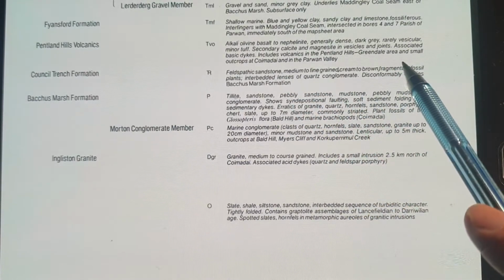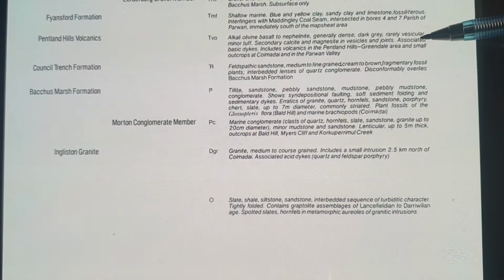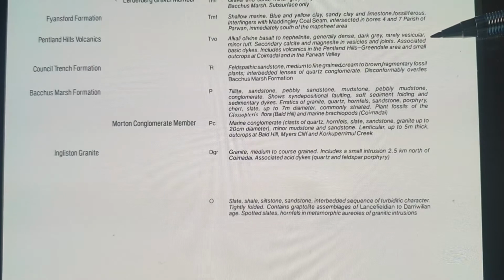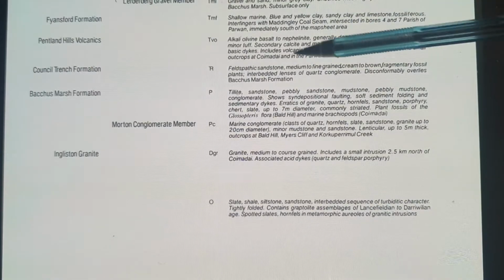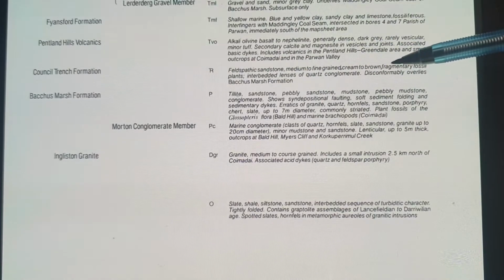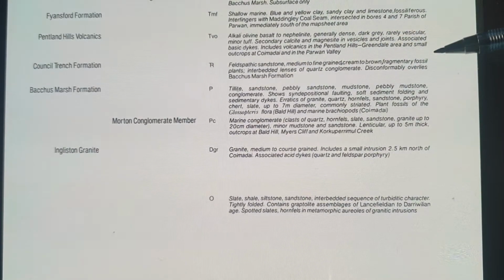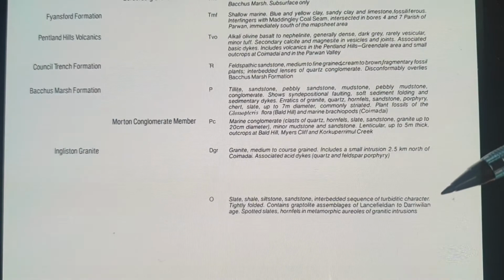Then if you want to find other types of formations of geological information, you've got the Triassic Council Trench formations. It has fragmentary fossils of plants.